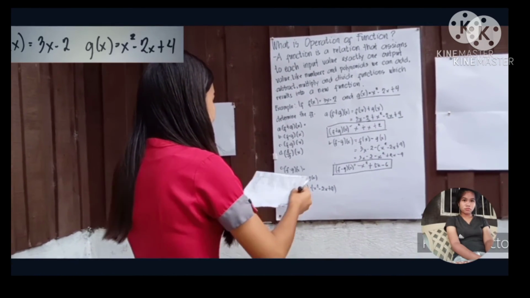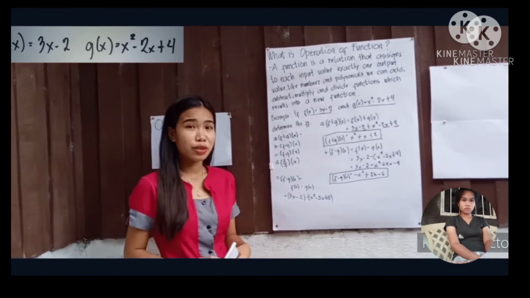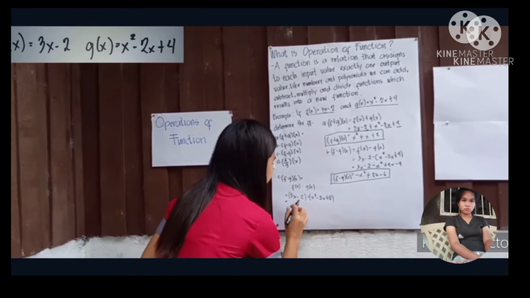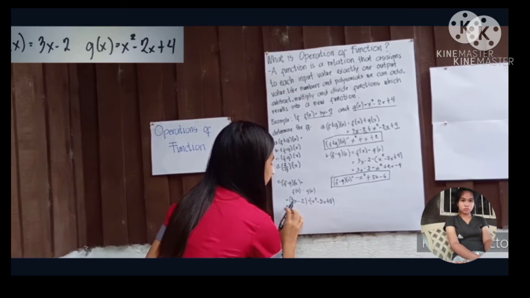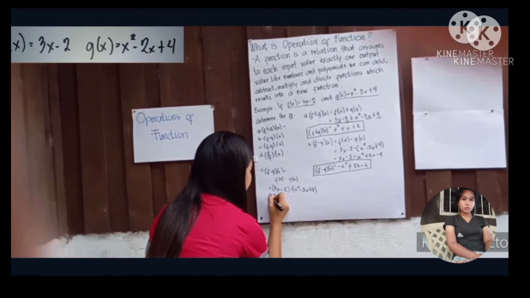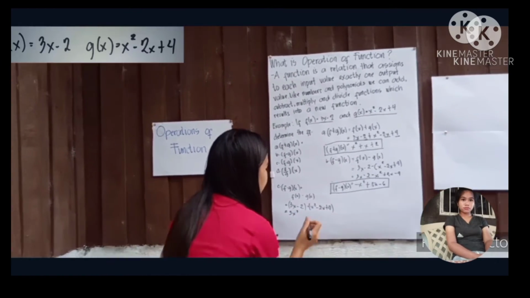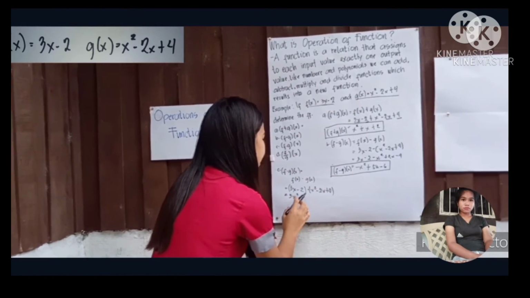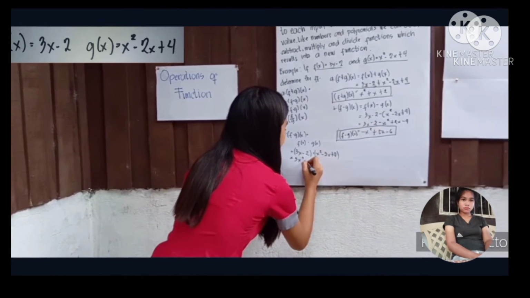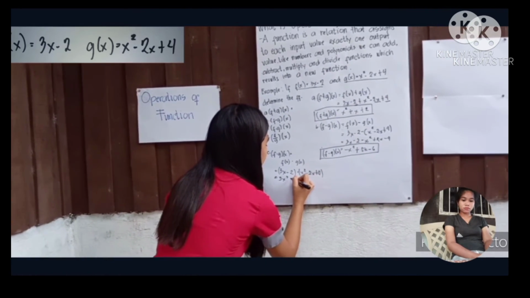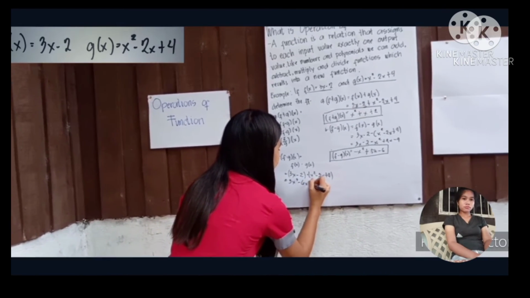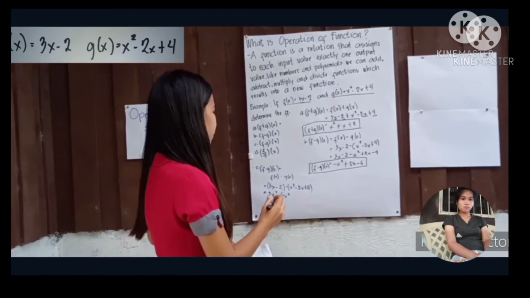Okay, next we will multiply them using the FOIL method. 3x times x squared is 3x cubed. 3x times negative 2x is equal to negative 6x squared.